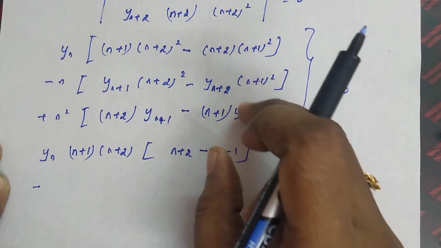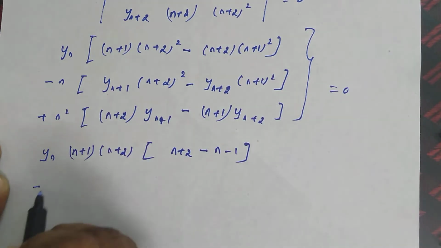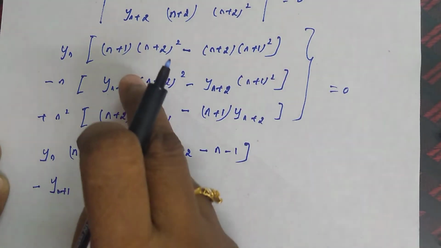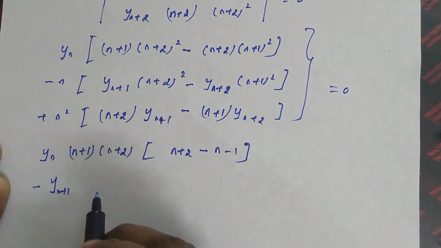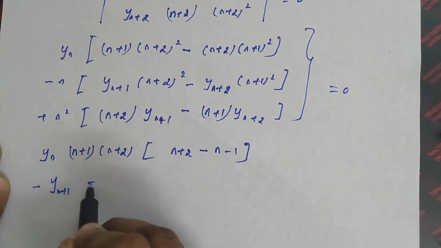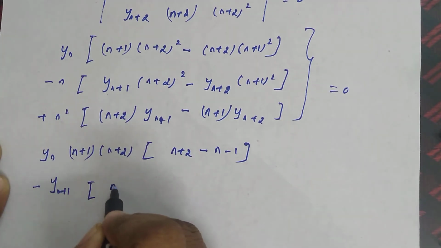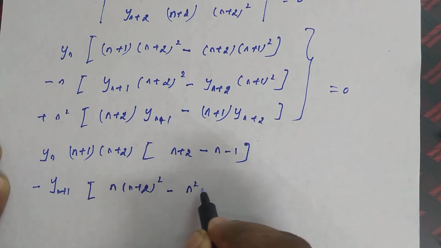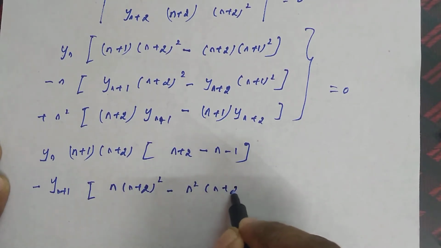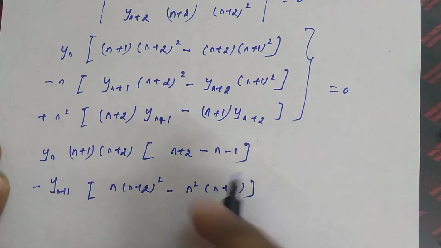In arranging that, we get minus y(n plus 1). Here also we have n plus 1 and here also n plus 1. So here it is n plus 1 into n plus 2 the whole square minus n square into n plus 2. This is from the y(n plus 1).